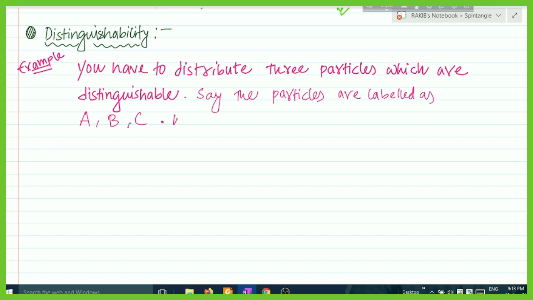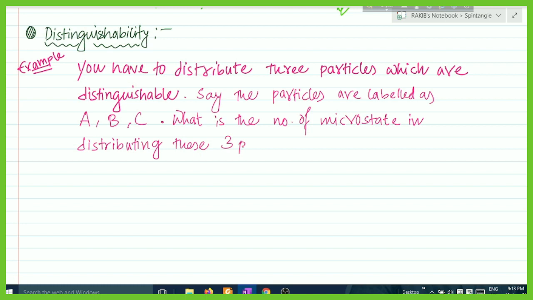So the number of microstates will be what? This is our question. What is the number of microstates in distributing these three particles in three boxes?